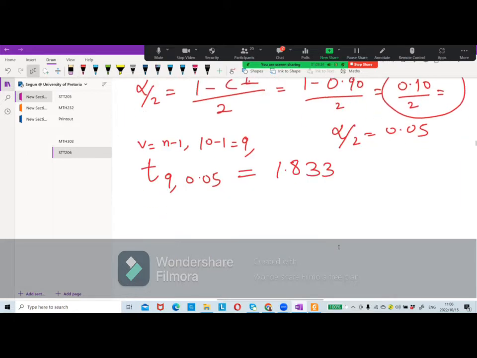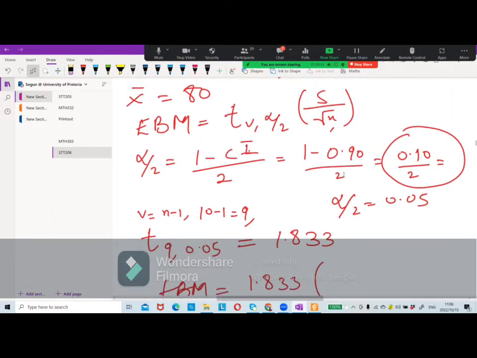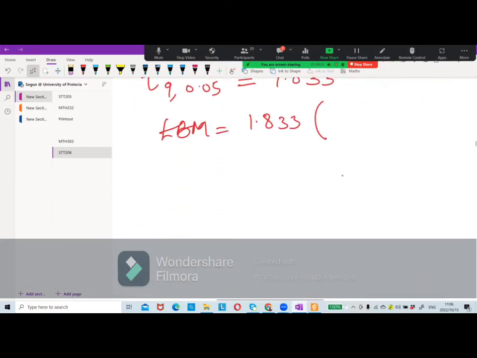So we can substitute it into our EBM now. Our EBM now will be 1.833 multiplied by the standard deviation, which is 11.7. In case you solve your own, it's not the same. Just substitute. Divided by the square root of 10. So what do you have now?